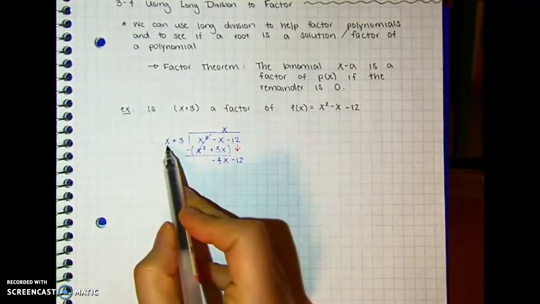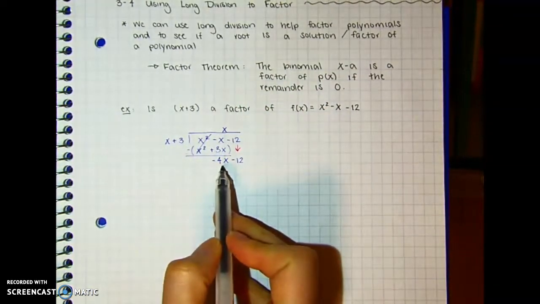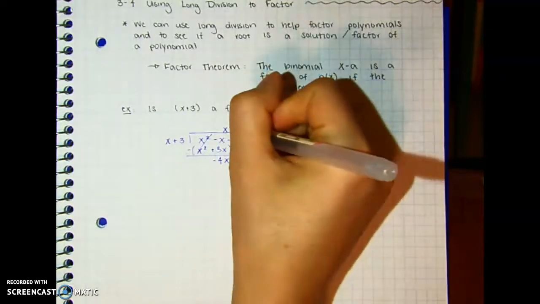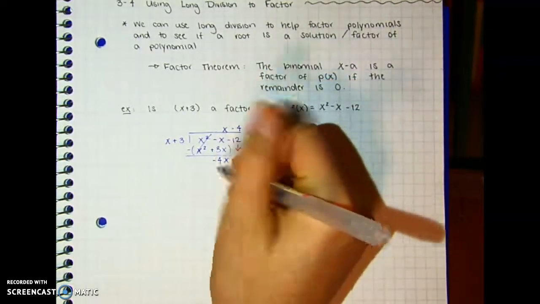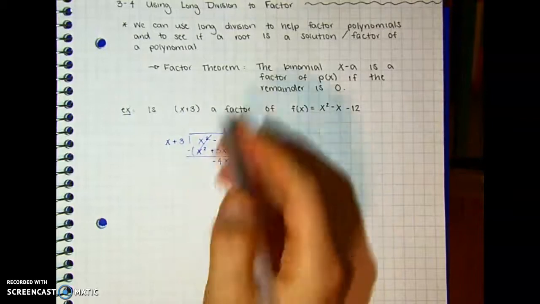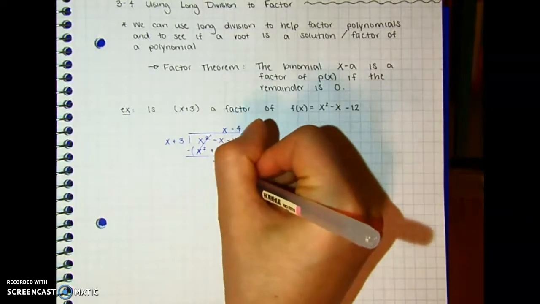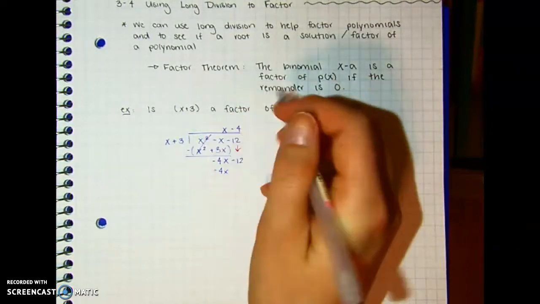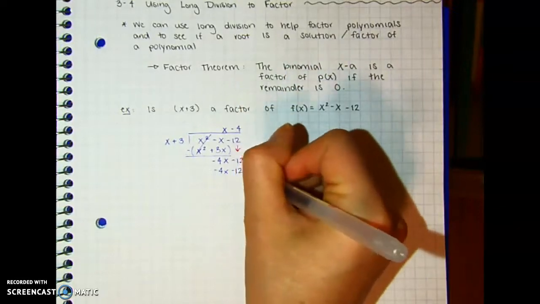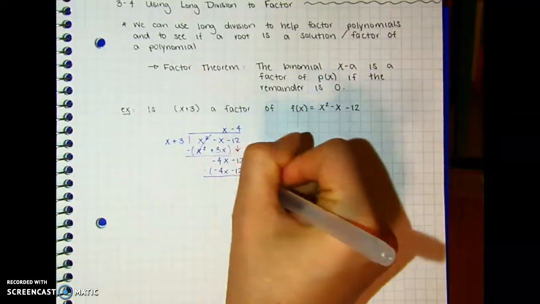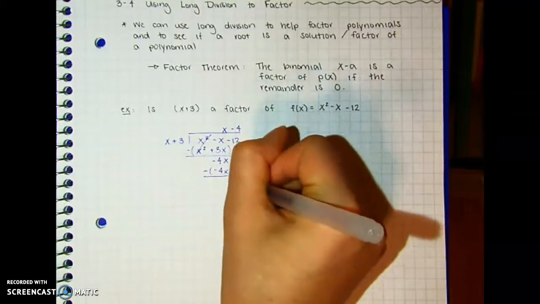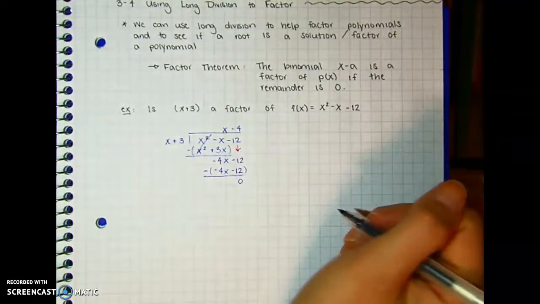So what do I need to multiply x by to get negative 4x? And that's going to be negative 4. And we multiply, so negative 4 times x is negative 4x, and negative 4 times 3 is negative 12. And that's great, because then when I subtract, I get a remainder of 0.